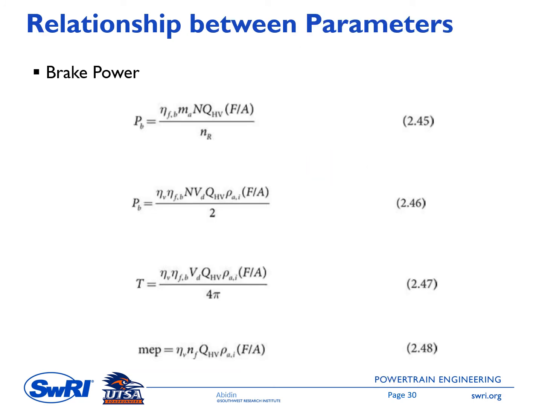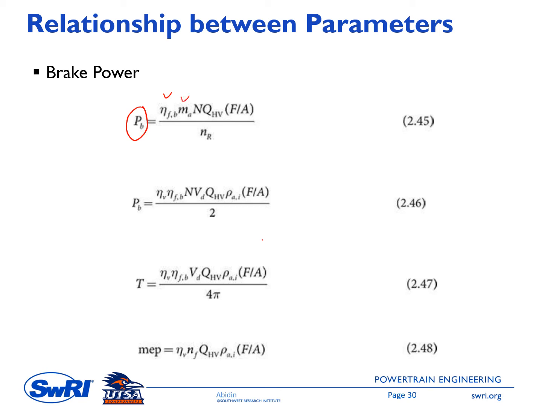Next one is relationship between parameters. In the previous slide, we have looked at each of the engine parameters one by one, and we can get a correlation between them. For example, in equation 2.45, we have a brake power as a function of the thermal efficiency. Some people call this fuel conversion efficiency.